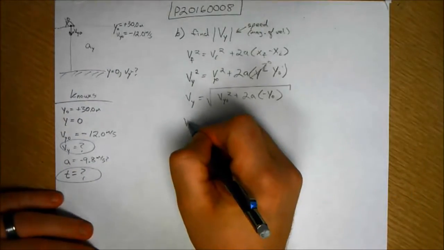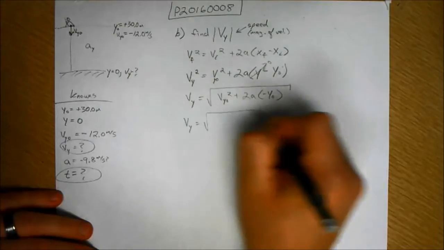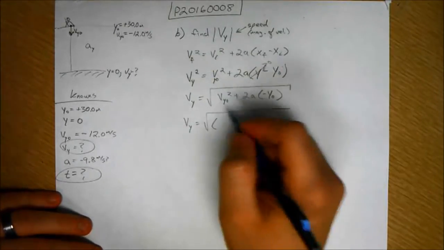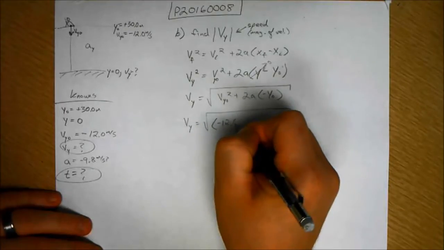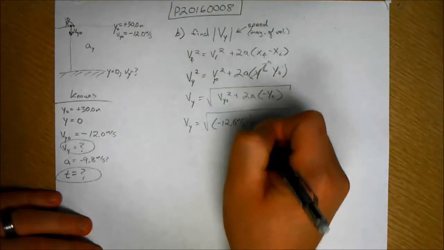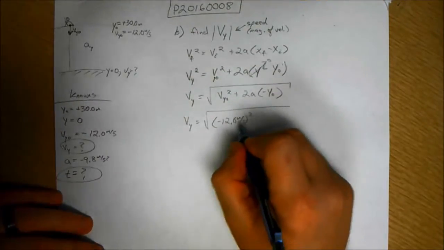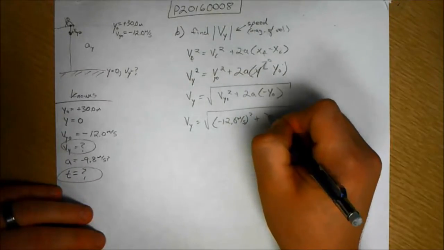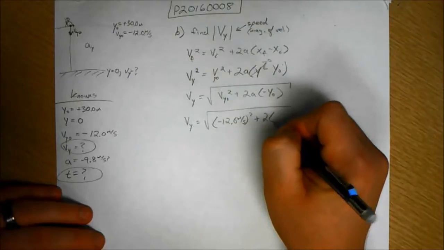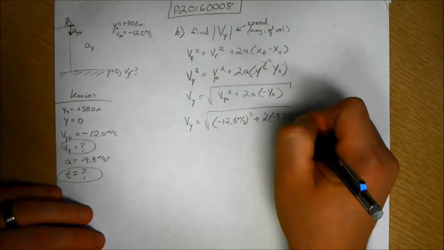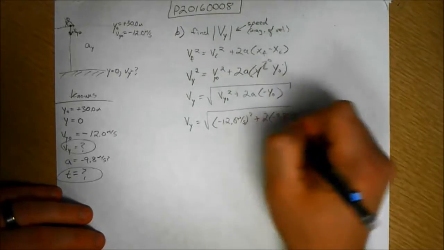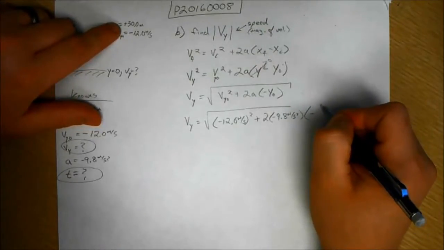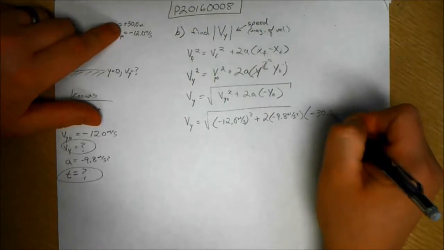Okay, so plug in the numbers. Vy naught is negative 12.0 meters per second. Negative 12 squared is going to be positive, which is good because we can't have a negative under the square root, at least not in this class. So negative 9.8 meters per second squared is acceleration, and negative y0 is negative 30.0 meters.